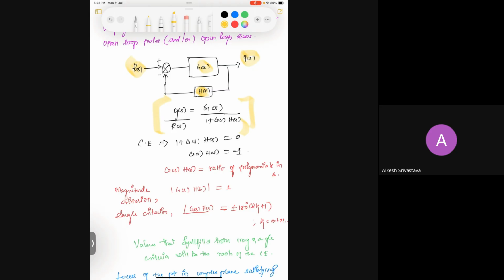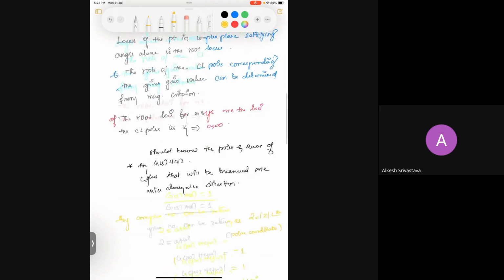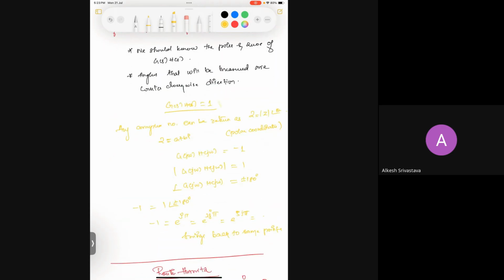Usually I will find the roots of this and tell whether the system is stable or not. Here, in order to develop some basic rules for the root locus, I am just going to take this one to the other side, that is G of s into H of s equal to minus 1. Now we are going to write this G of s into H of s equal to minus 1 in terms of polar coordinates.